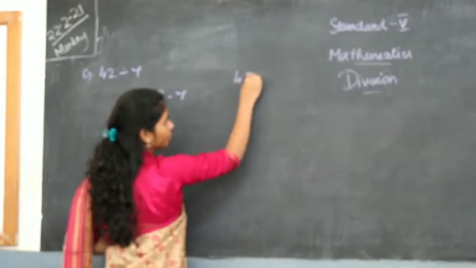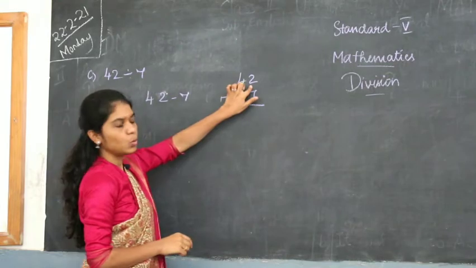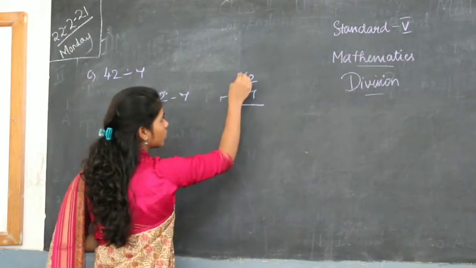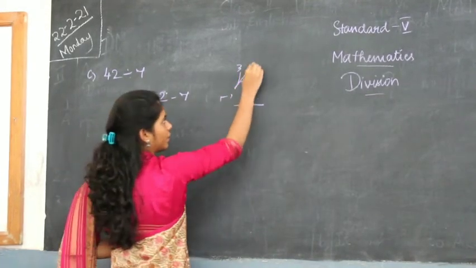Now what we are going to solve is, we are going to divide 42 by 7 by repeated subtraction. So 42 subtract 7 from it. Here you have 2, and 2 is lesser than 7, so you will borrow from 4. If you borrow 1 from 4, you will get 3 and 2 will be 12.